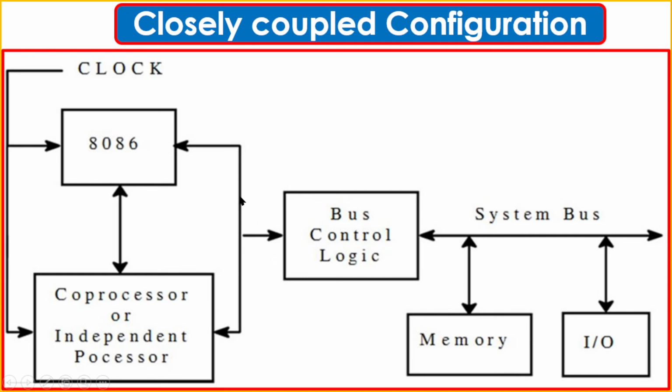This is called closely coupled. There is no individual memory or IO for every processor. Sometimes we also call it tightly coupled, because the memory and IO are common, with no dedicated or isolated memory and IO for every processor.